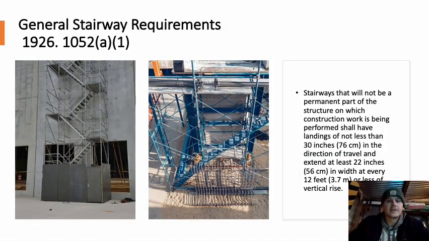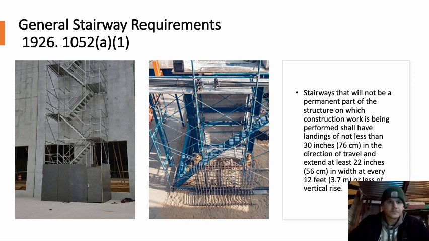Okay, so next, we will talk about general stairway requirements. Stairways that will not be a permanent part of the structure on which construction work is being performed shall have landings of not less than 30 inches in the direction of travel and extend at least 22 inches in width at every 12 feet or less of vertical rise.